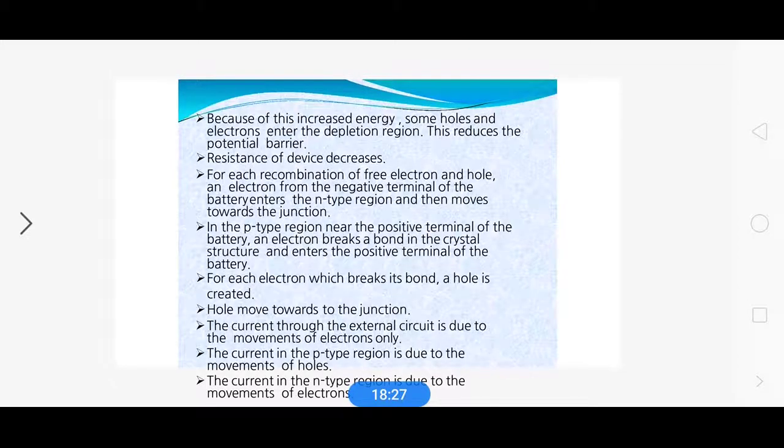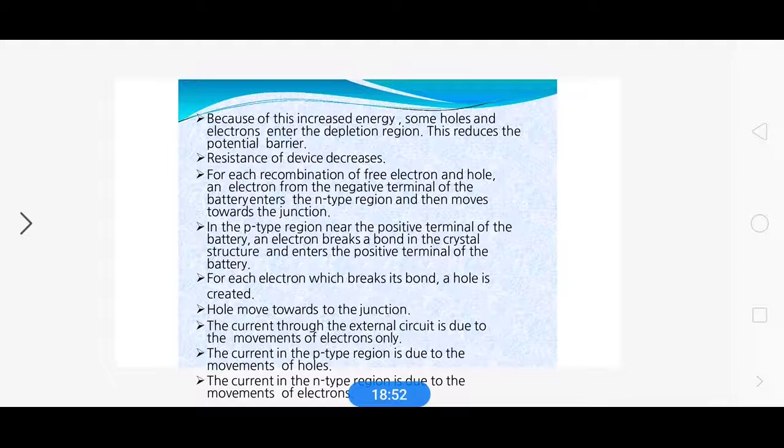Because of this increased energy, as we are connecting some voltage externally, some holes and electrons enter into the depletion region. Actually, the depletion layer is depleted of charge carriers; there exist only immobile positive and negative ions.